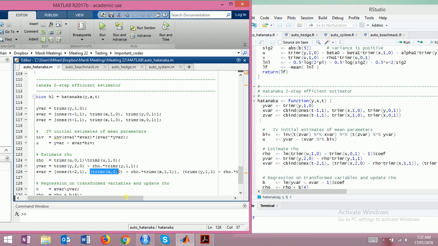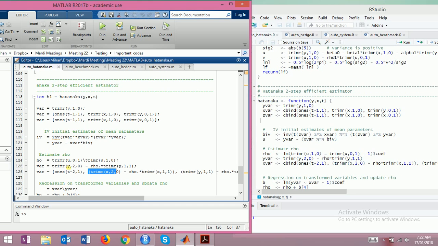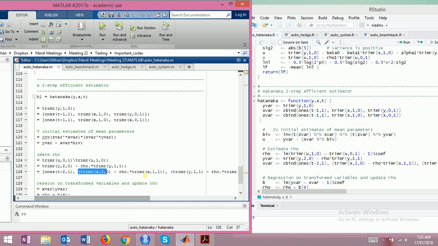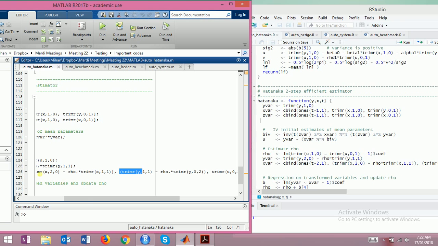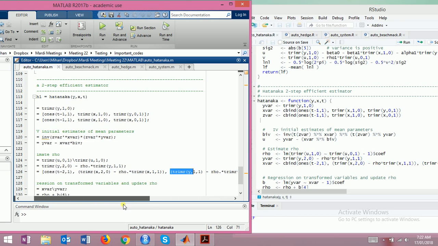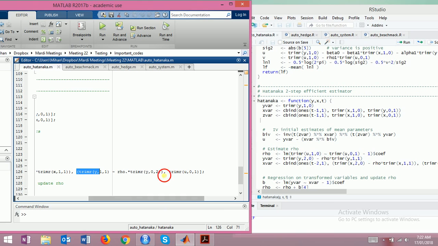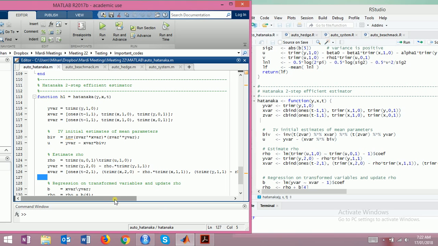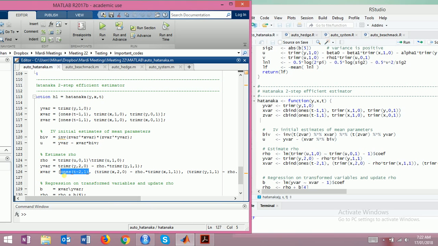Trimmer x20 minus rho trimmer x11, just like before. Now we have already done this, trimmer y20. Now we do trimmer y11. We'll start from trimmer y11, we'll end it in trimmer y02. Okay, we did 20 before. Trimmer y02. So ones in x we have ones.